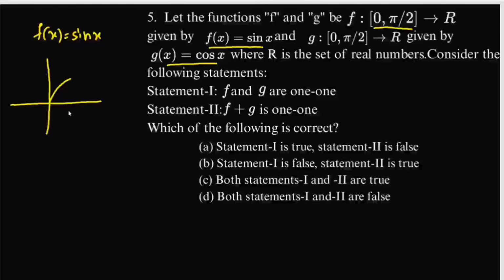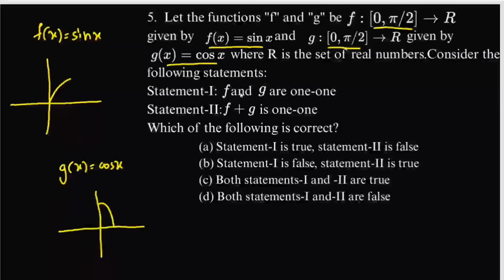So this is my sin x graph in the closed interval 0 to pi by 2. Similarly, I will draw my g of x graph also. What is g of x? Cos x. So what is the cos x graph? This is my cos x graph in the domain closed interval 0 to pi by 2.